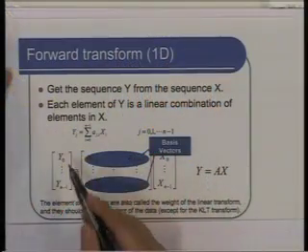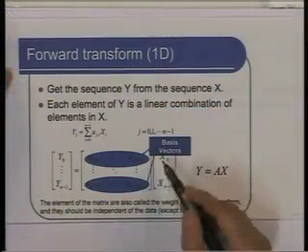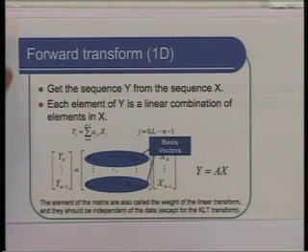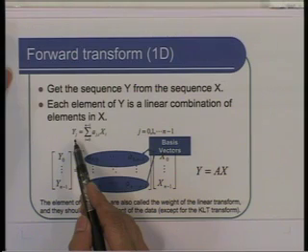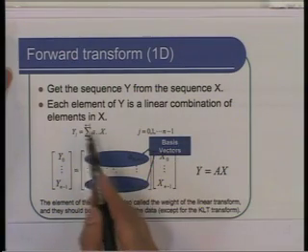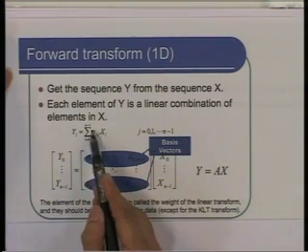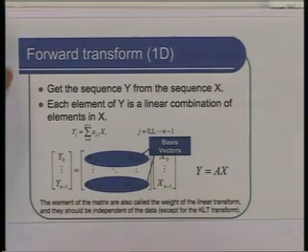So, mathematically, this process of transformation can be depicted as shown here. We get the sequence y from the sequence x. Each element of y is a linear combination of elements in x.